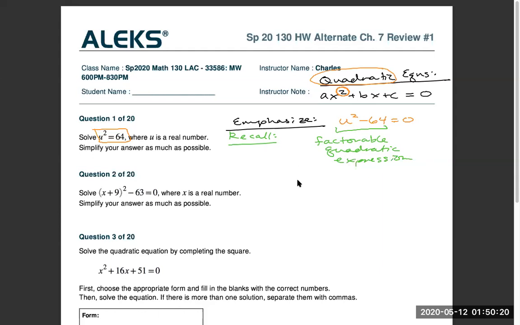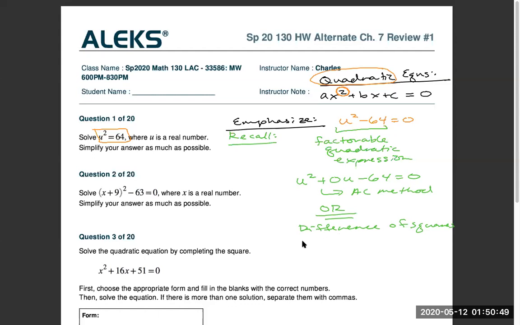Essentially, one way, if you're most comfortable with factoring trinomials, you have u squared plus 0u minus 64 equals 0, and then you use the AC method. Or you can remember that this is a difference of squares. I always call it difference of square, but it's difference of squares technically.